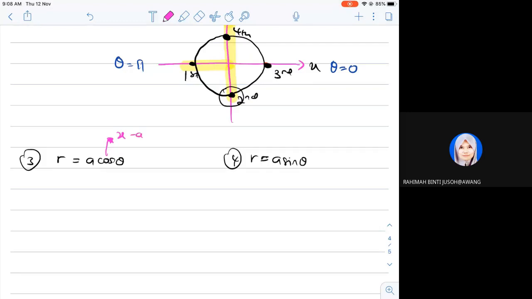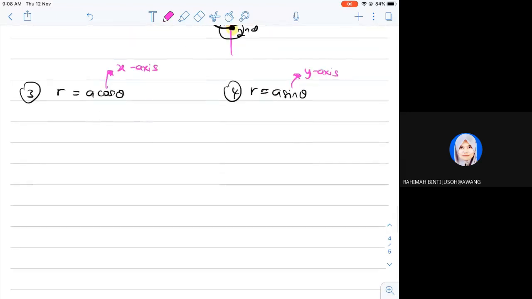And then if sine, it must be always related to y-axis. So if the value of a is positive, means your graph should be located on the right-hand side, on the right, because positive x-axis. If a is negative, then your graph should be on the left.